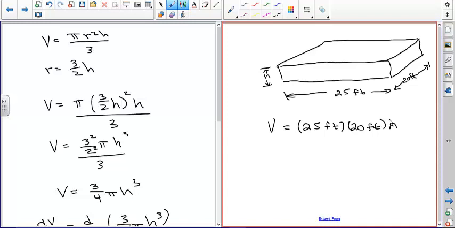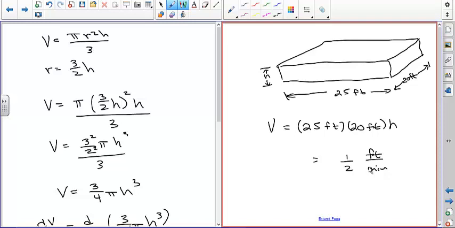It says the water level is falling at a rate of 1/2 foot per minute. So something equals 1/2. There's two questions to answer here. So Kelly, what variable is changing according to our diagram?